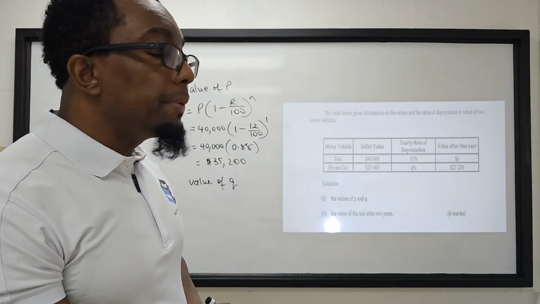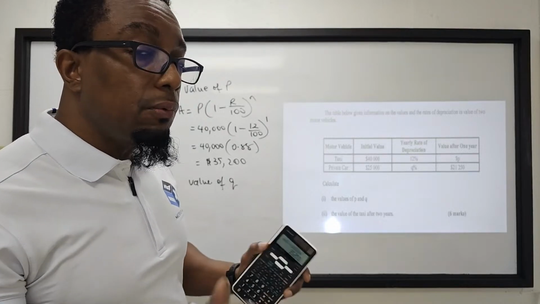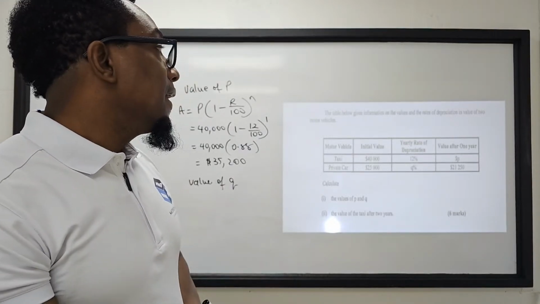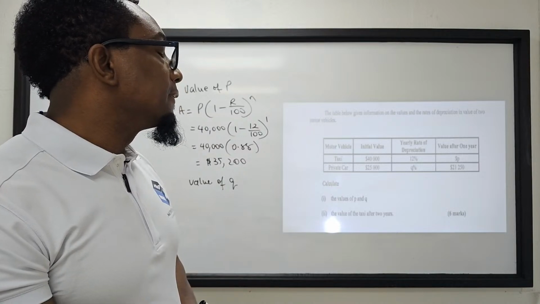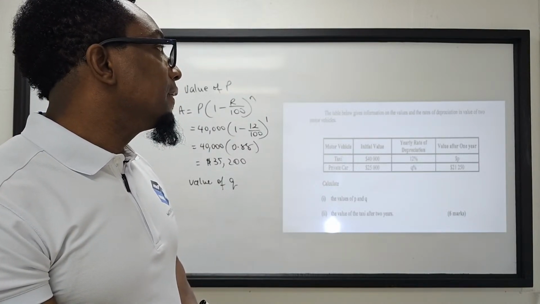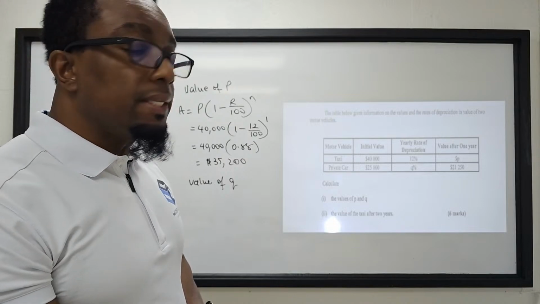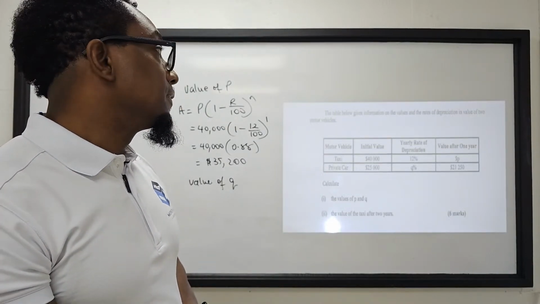We can compare the initial value that is equal to 100%, and from there we can determine what will be the rate of depreciation for $21,250.